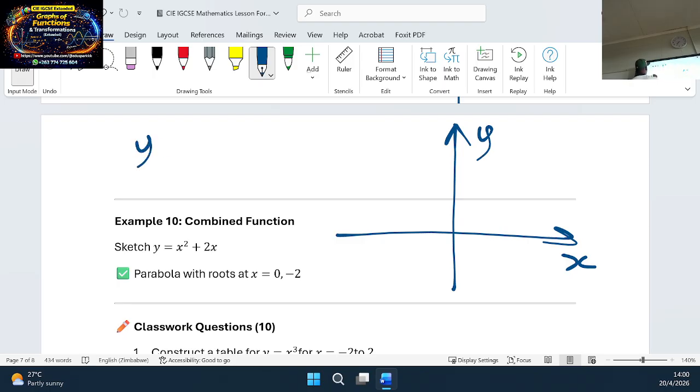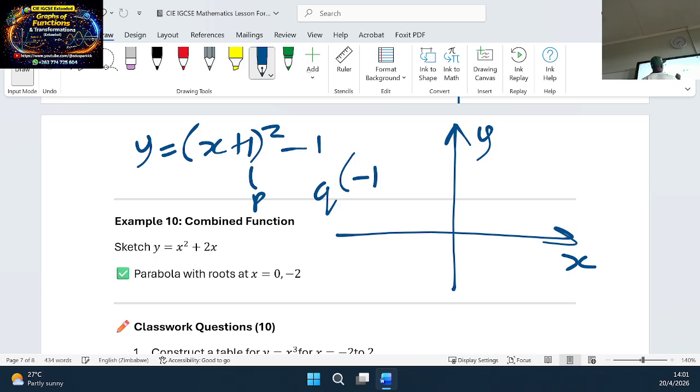So when I complete the square, this will be x plus 1 squared. But now, if I square 1, I don't see it, so it will come there so that at least we have the similar picture that we're seeing there. So what's our interest? This is going to be our P and that's our Q. In other words, the coordinates of the turning point are going to be minus 1, minus 1.